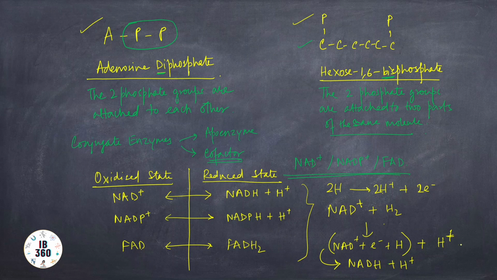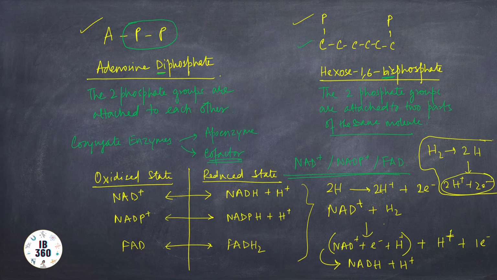Basically H2 is 2H, and 2H means 2 H+ and 2 electrons, and this entity is reducing NAD+ and giving us this product.